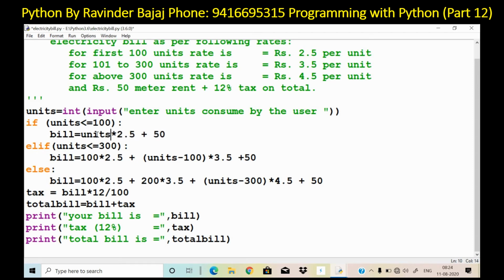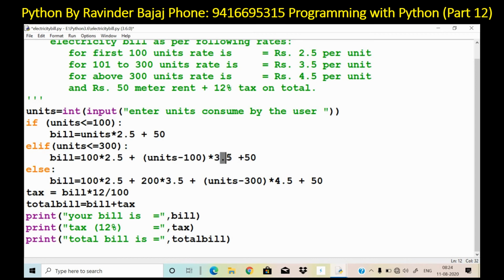Suppose the user has consumed only 50 units, then 50 into 2.5 plus 50 will be the bill. If the user has consumed suppose 250 units, then the first 100 unit charges are 2.5 into 100 plus 250 minus 100, because 100 units we have already charged. 250 minus 100, that is 150 into 3.5.